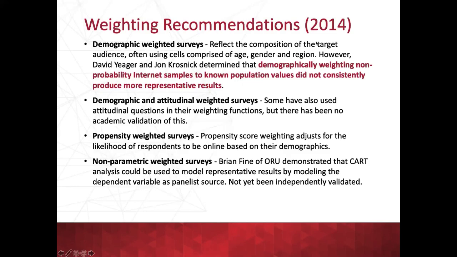So this is from a presentation I gave 5 years ago on my thoughts about weighting. And at that time, I was saying, demographically weighting non-probability samples was not producing more representative results. There were times it was actually producing less representative results, according to David Yeager and John Krosnick. John Krosnick is at Stanford.